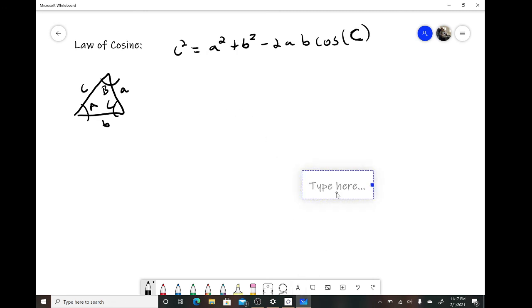And then you also have the law of sines, which helps you find angle measurements inside of a triangle.